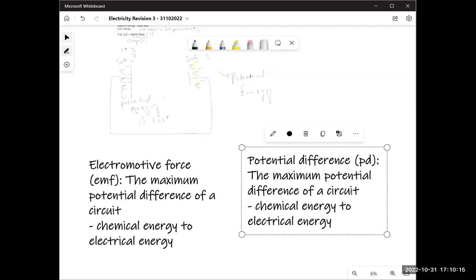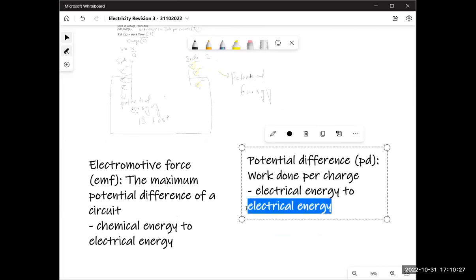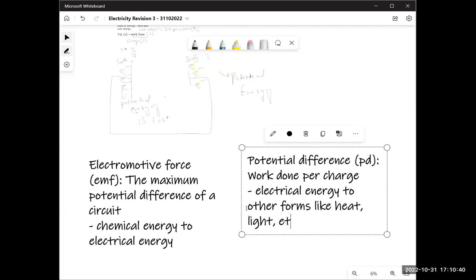PD is the work done per charge. We've written that already. Work done per charge. And this is electrical energy to other forms, like heat, light, etc.